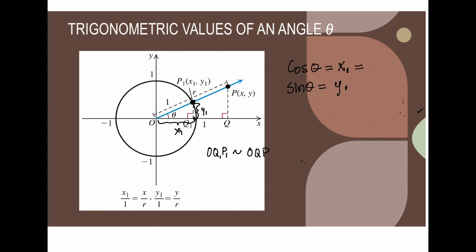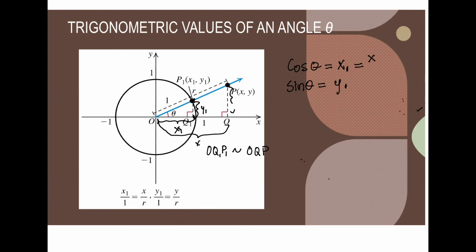So if I take the length of x, which is the distance from here to here, and the distance from here to here being y, not y1, just y, because we see the point here, xy. So we're just representing those.